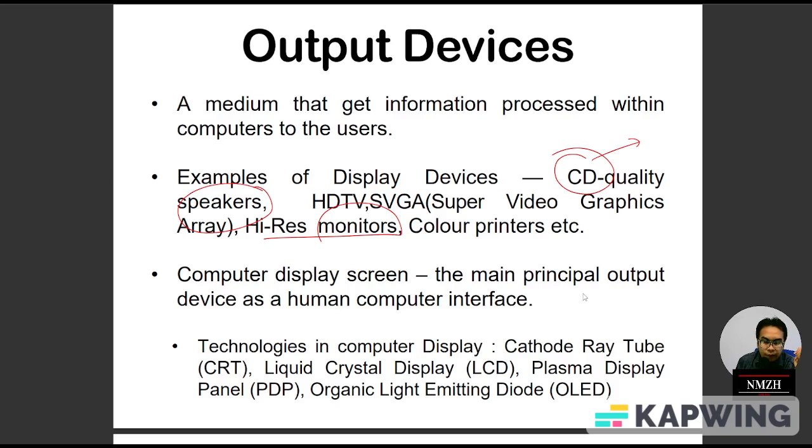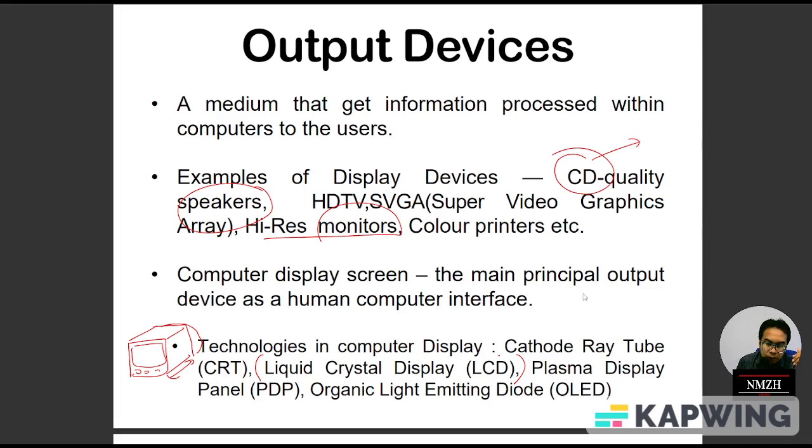So we have, I think most of you may be familiar with LCD. CRT, I think you guys know the CRT TV, the one with a very big thick width of television. That would be the previous one, when you lived in the 80s or 90s.